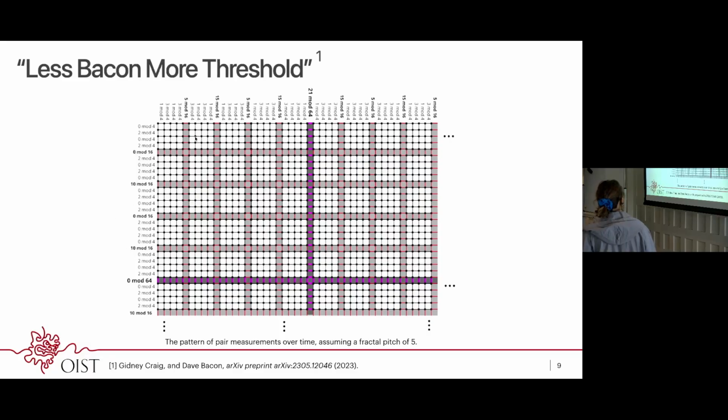Obviously, as you can see here, they measure the gaps between the two small Bacon-Shor codes much less often than they measure the small Bacon-Shor codes themselves, and they measure the large gaps much less frequently than the small gaps as well.